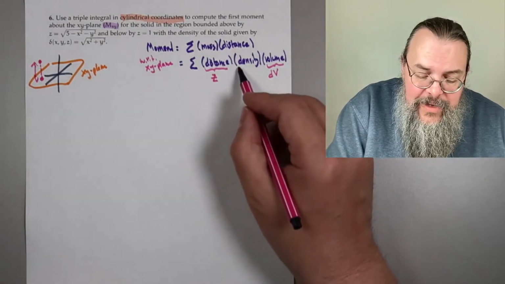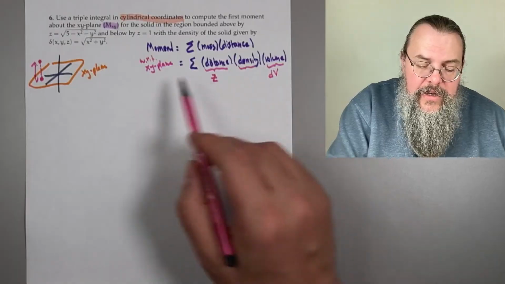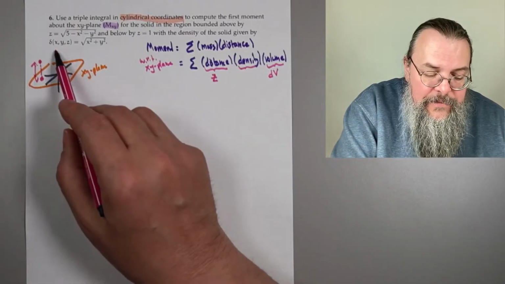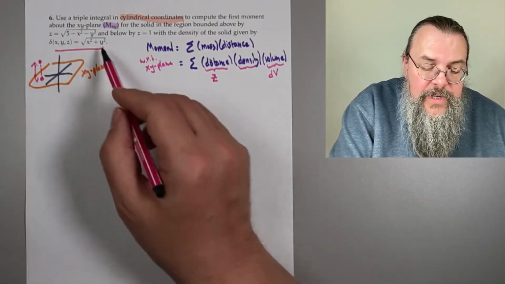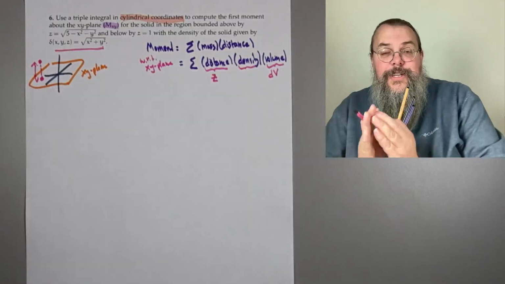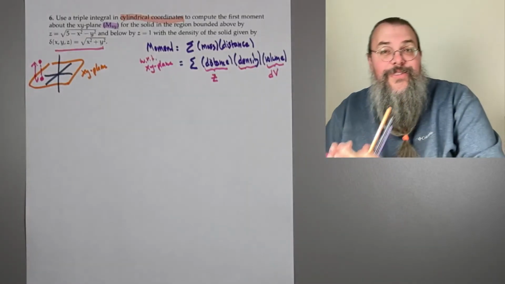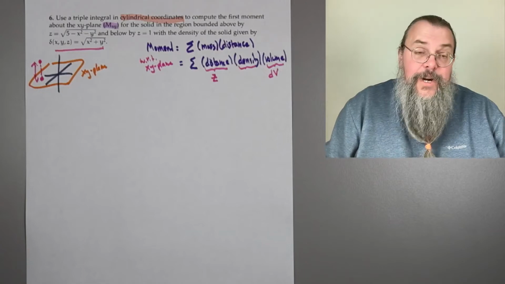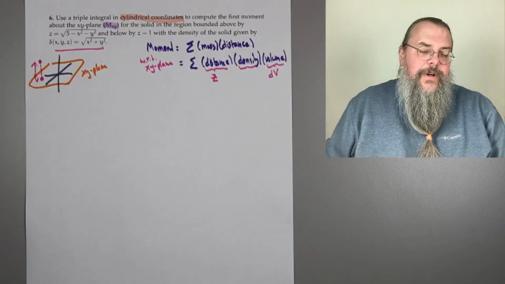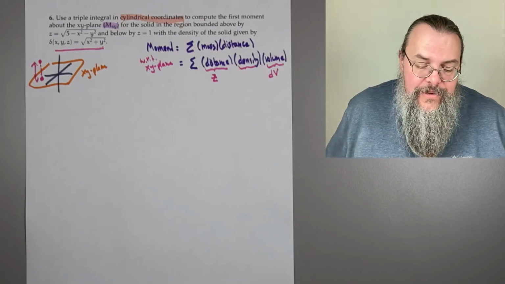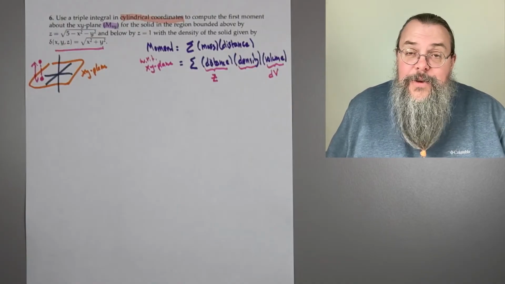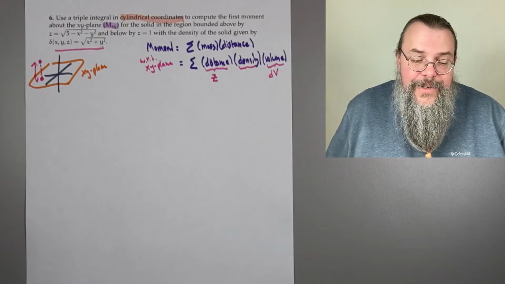Now, what about density? Well, this will really depend on the problem, but we have density. We know we're moving to cylindrical. Cylindrical means polar plus z. So we're going to put on our polar hat and say, if we're in polar coordinates, x squared plus y squared is r squared.